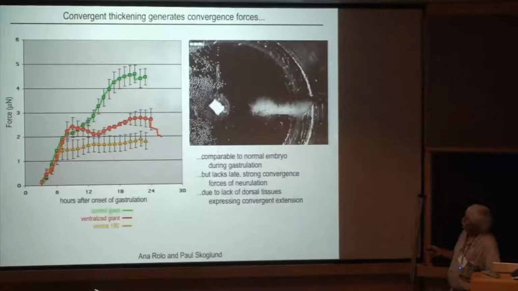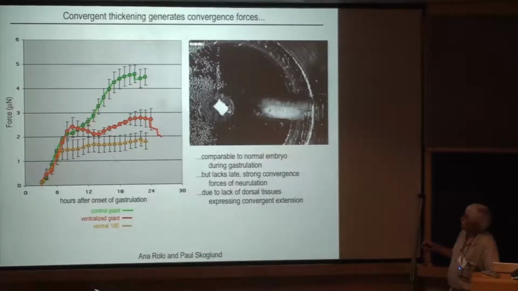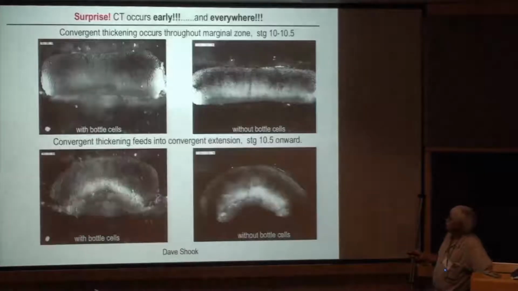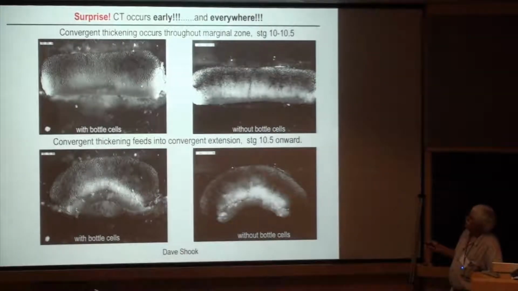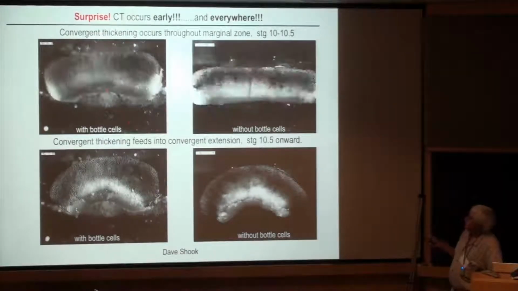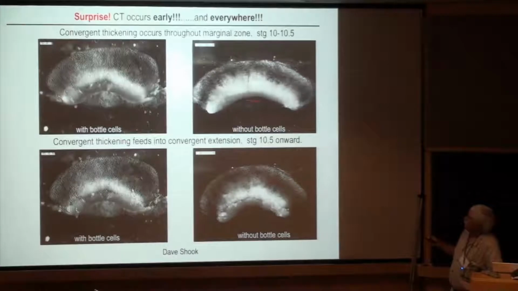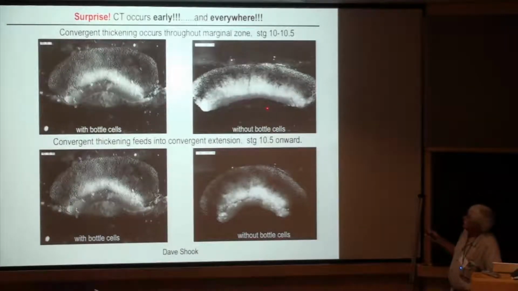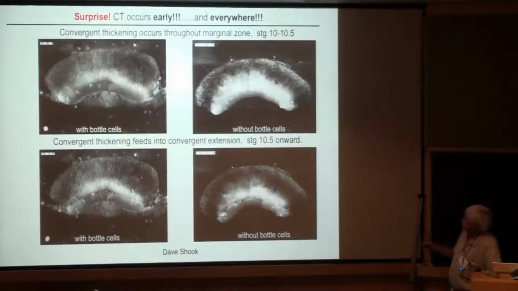And the way it works, it'll generate force too, as much actually in gastrulation as normally, but after gastrulation, it doesn't do the later rise of up to about 4 or 5 micronewtons that the convergent extension does. And so it turns out, this is convergent thickening. The thing just very quickly hammers in like this and thickens up. And then you'll notice that things bulge out here.